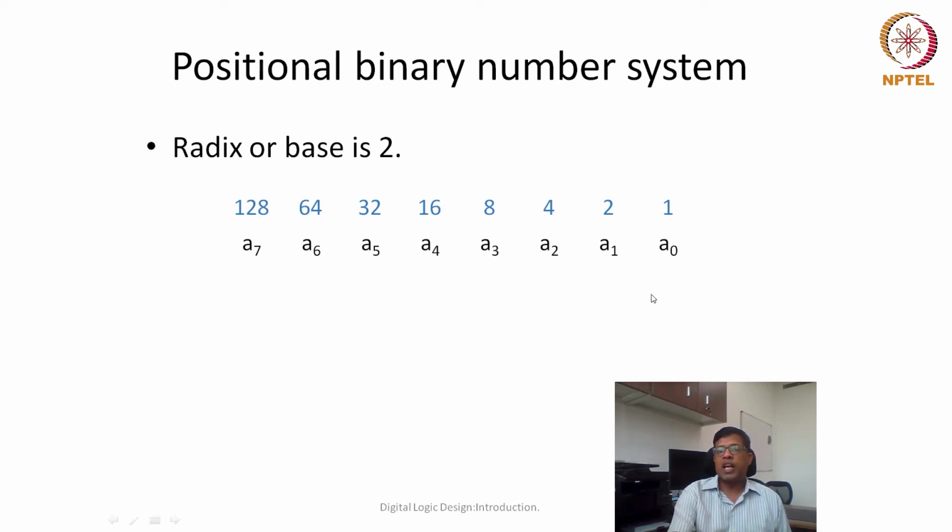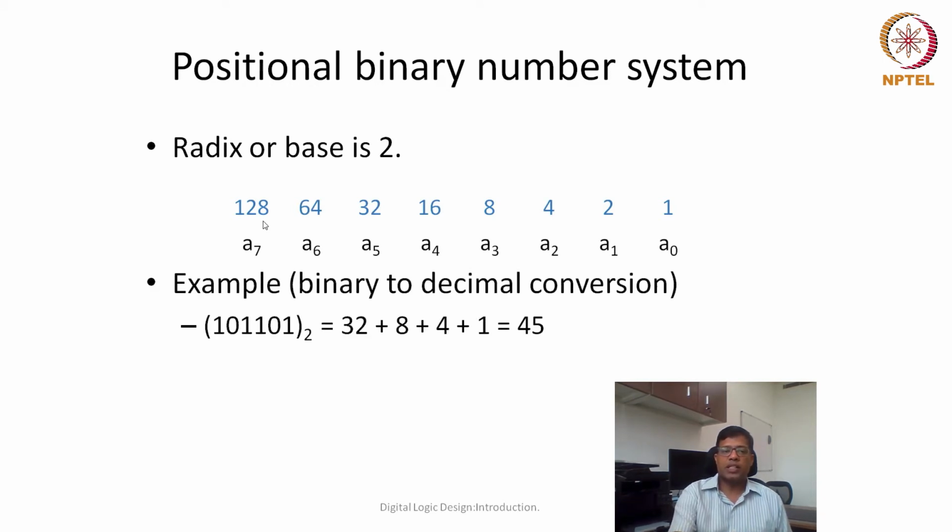So this way, as we move from least significant bit to most significant bit, the power of 2 keeps incrementing. Let's see it with an example, let's say we have the number 101101 and I want to convert this binary number to a decimal number. I need to start from the least significant bit, that is 1.